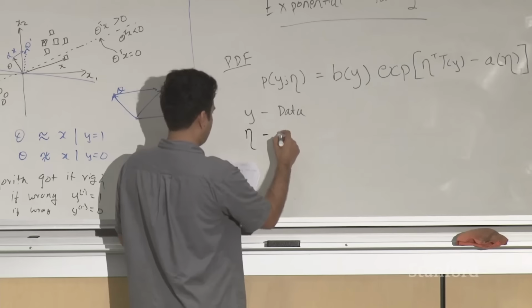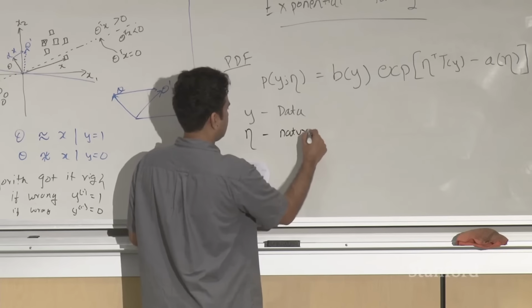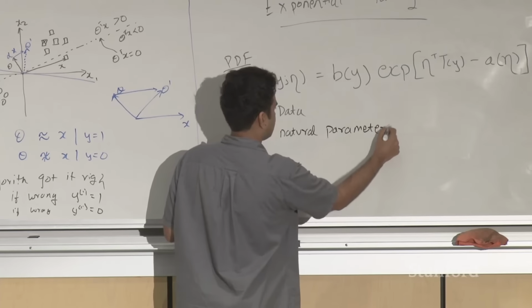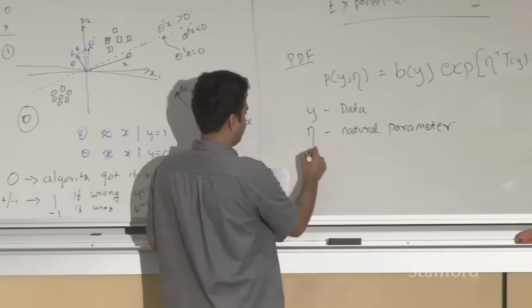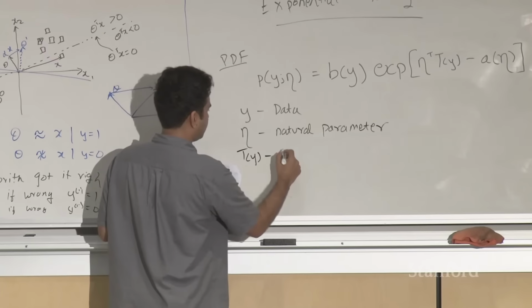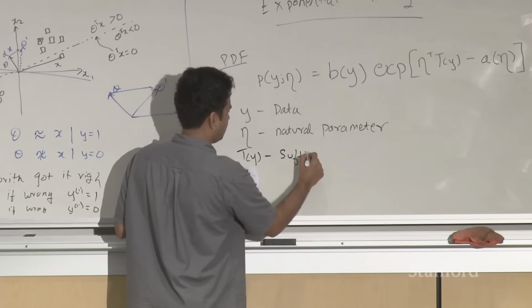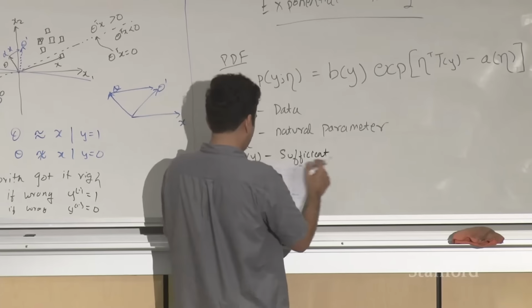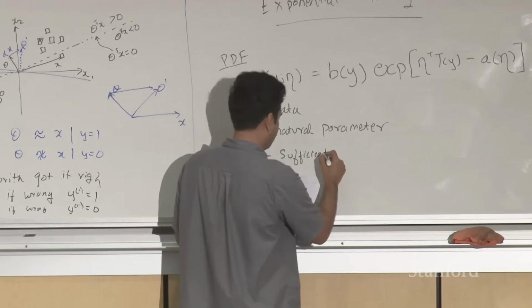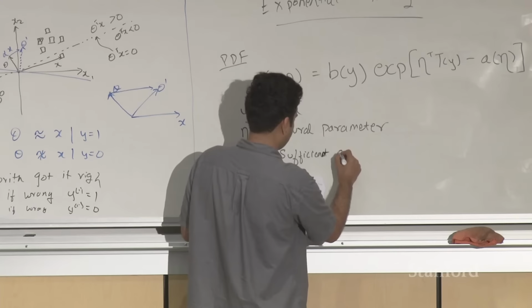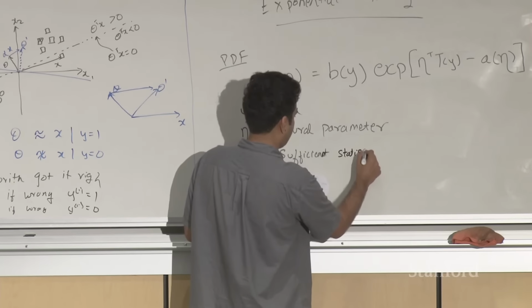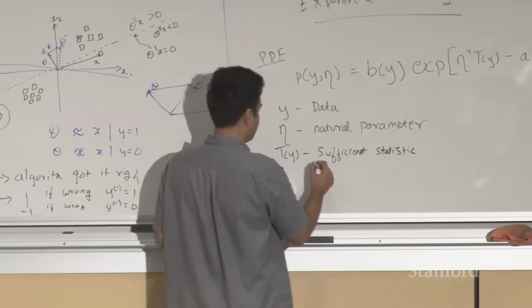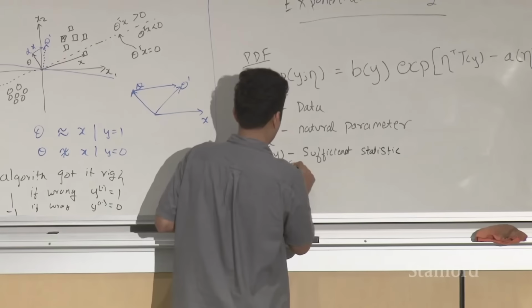Eta is called the natural parameter. T of y is called a sufficient statistic. If you have a statistics background and you've come across the word sufficient statistic before, it's the exact same thing. But you don't need to know much about this, because for all the distributions that we're going to be seeing today or in this class, T of y will be equal to just y.